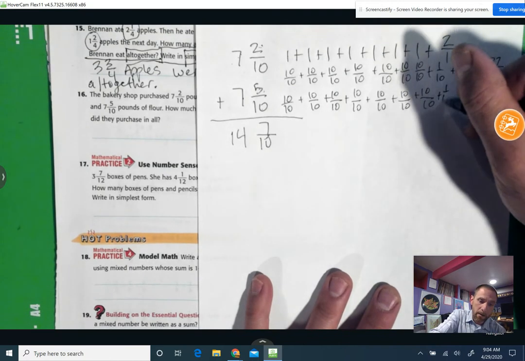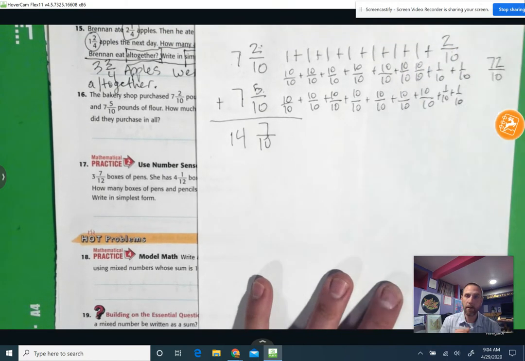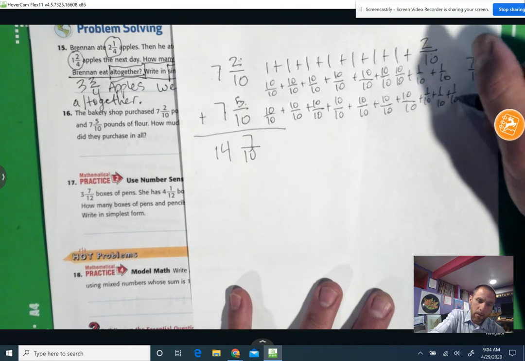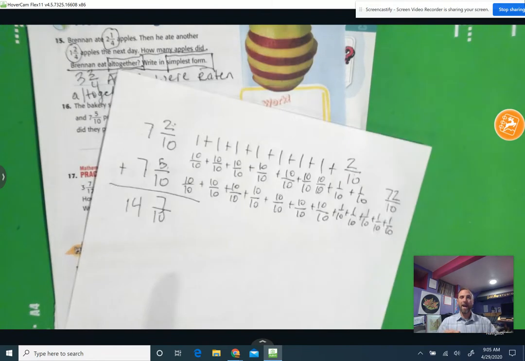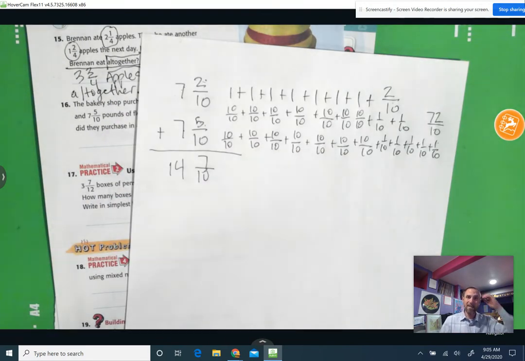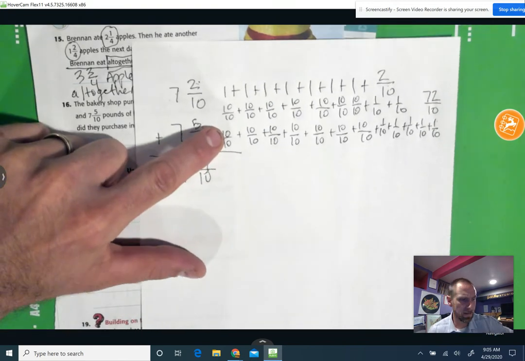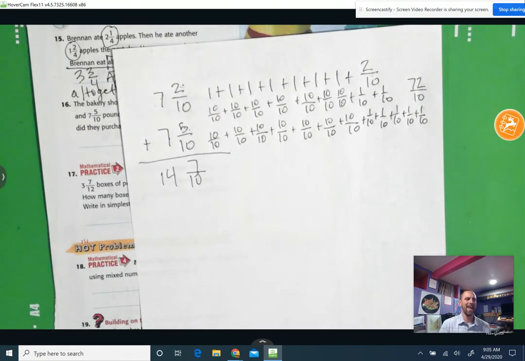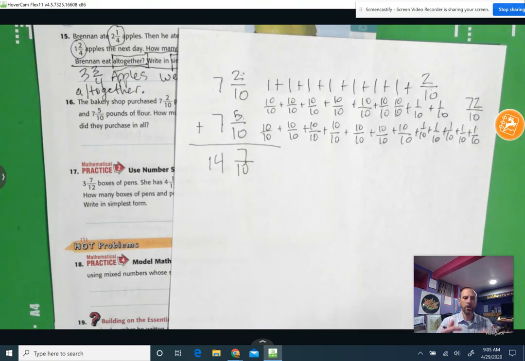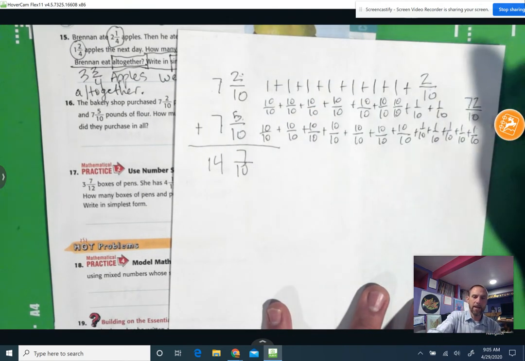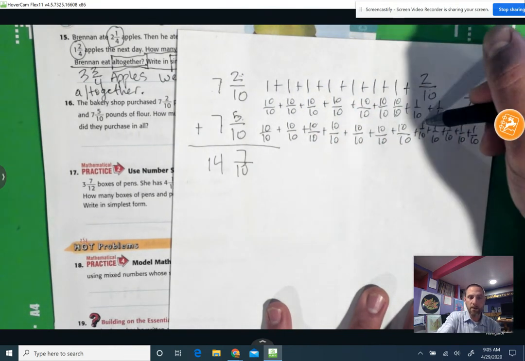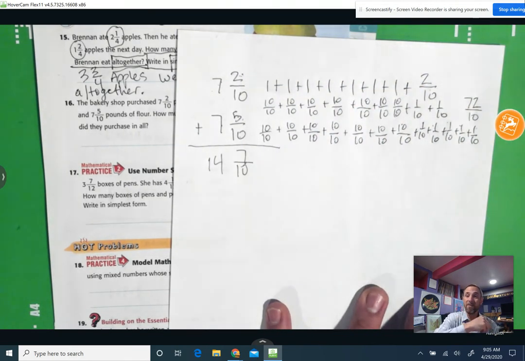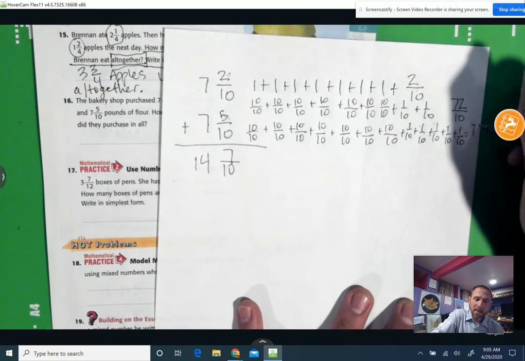That's our 1 tenth plus 1 tenth plus 1 tenth plus 1 tenth plus 1 tenth. Okay, that is 7 and 5 tenths decomposed, broken apart into its bits, right? 10 tenths of those pounds of sugar and flour again. So we end up here with 10, 20, 30, 40, 50, 60, 70, 71, 72, 73, 74, 75 tenths.